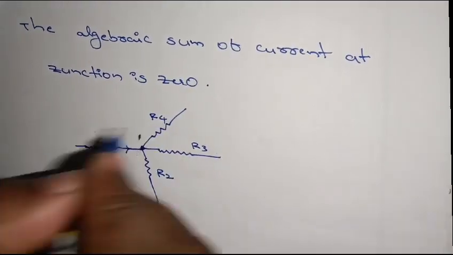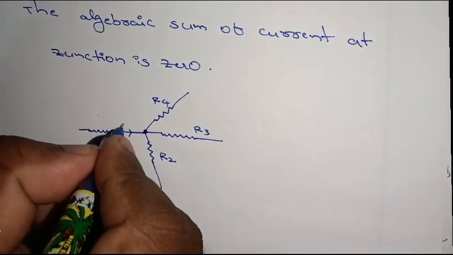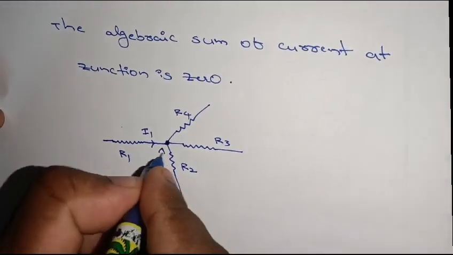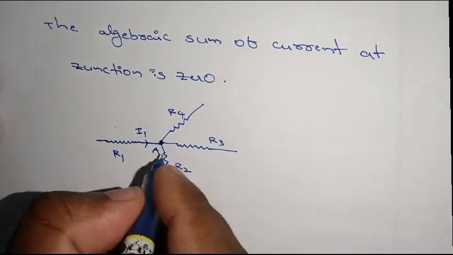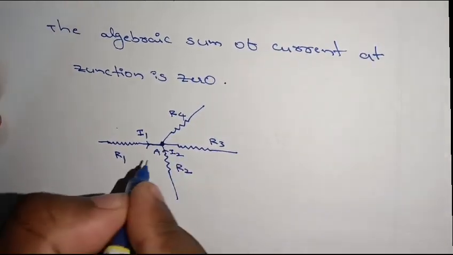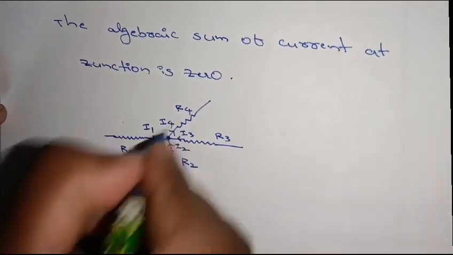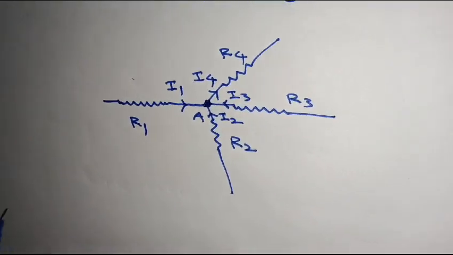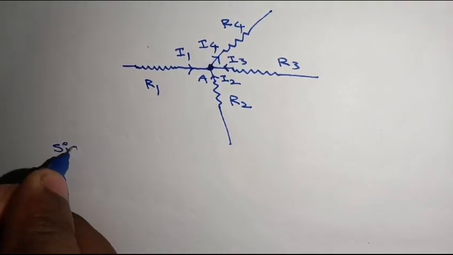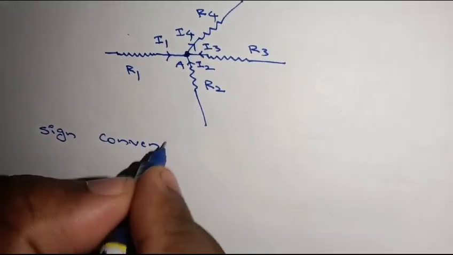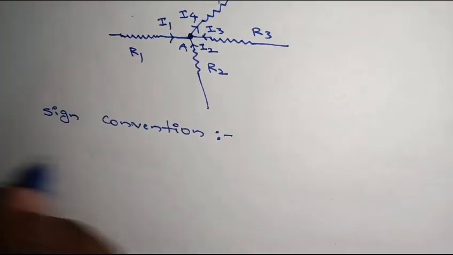So let us see one diagram. R1, R2, R3 and R4 are four resistors. Current I1 is approaching point A, and I2 and I3 are also approaching point A, and current I4 is leaving from the junction.